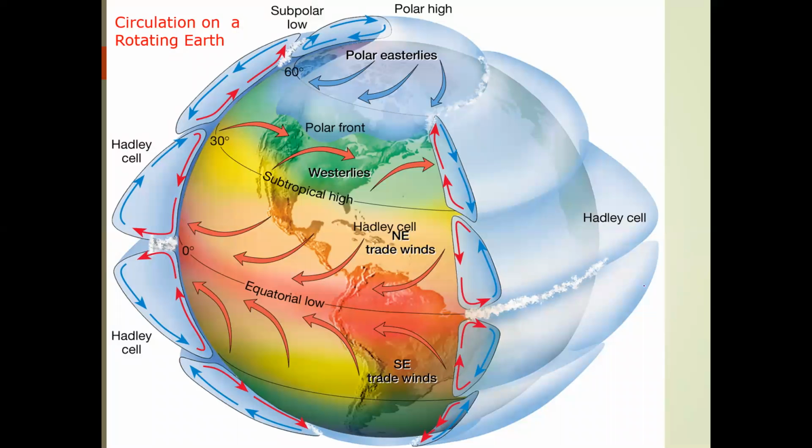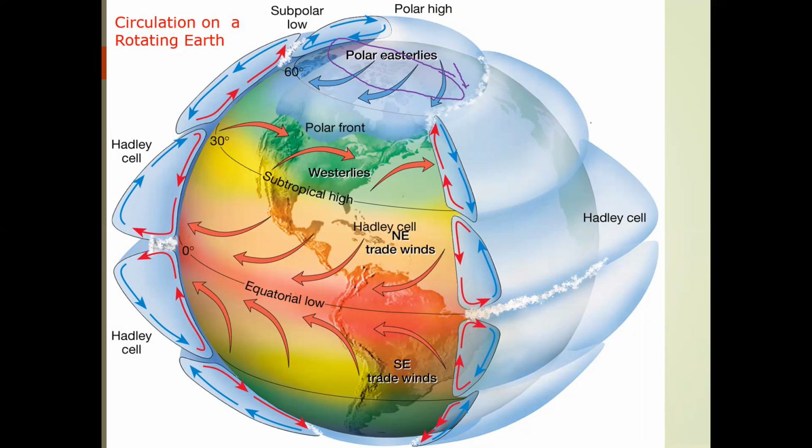Up here in the northern hemisphere, in the north, we have the polar easterlies. So that air started moving south, but Coriolis caused it to be deflected to the right. And if you're standing up here at the North Pole looking at that wind, then you see that it's deflected to your right.